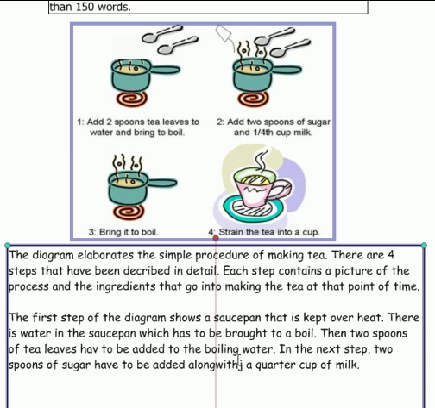So instead of writing 1/4 exactly how it's written in the diagram, we're bringing in a new word, a quarter. So in the next step, 2 spoons of sugar have to be added along with a quarter cup of milk to the boiling tea mixture. So these are the first 2 steps of the process.